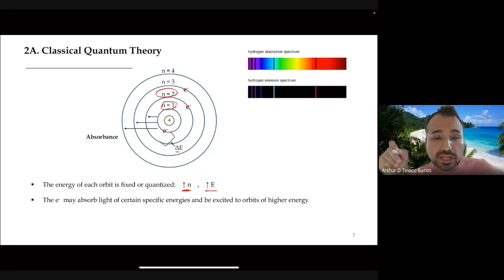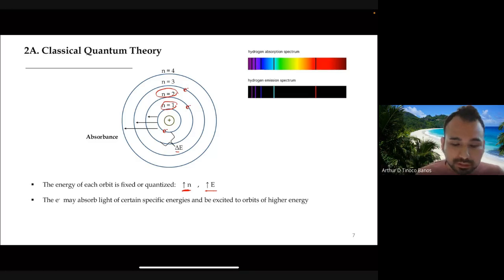So it absorbs energy, and so it gets promoted into a higher energy orbit. Here we have a representation of the absorbance: n equals 1 moving to the n equals 2 orbit, n equals 1 moving to the n equals 3 orbit, n equals 1 moving to the n equals 4 orbit. That represents an absorbance of energy in order to move the electron from a lower energy orbit to a higher energy orbit.